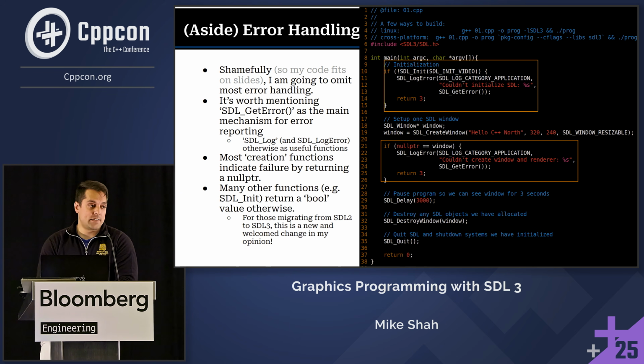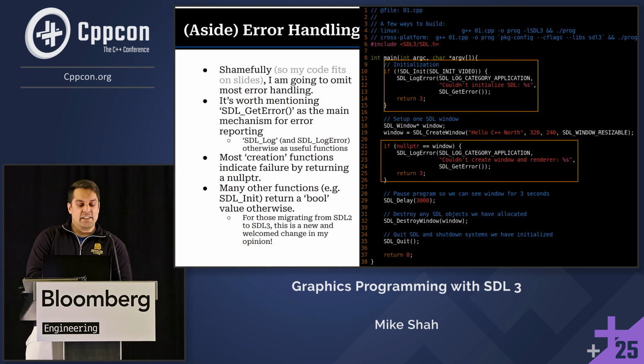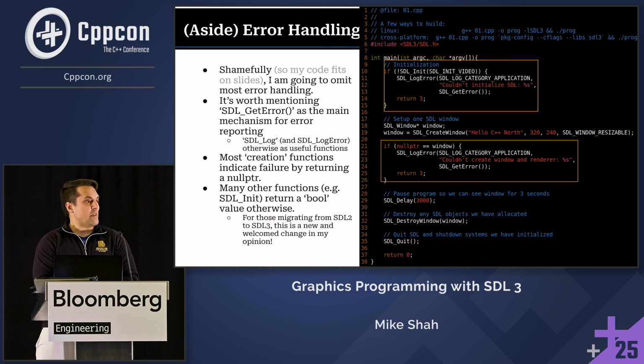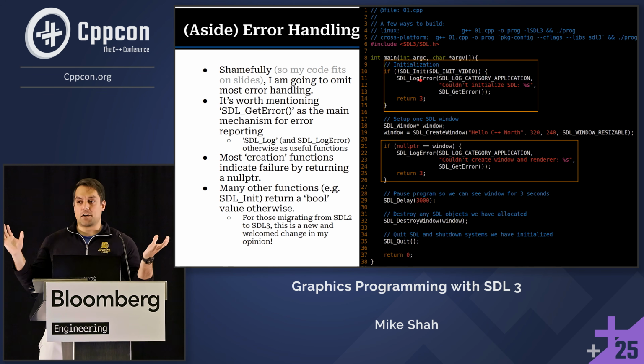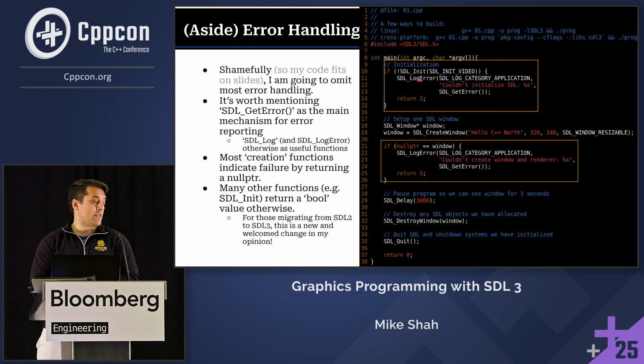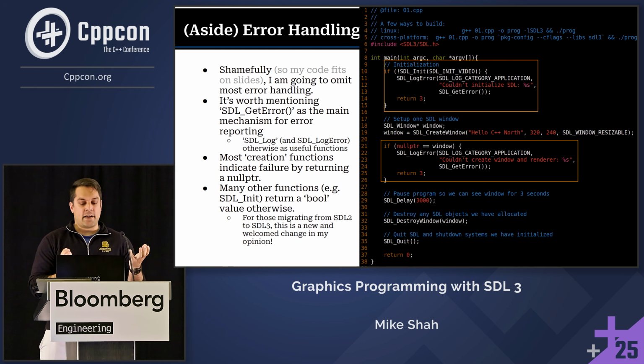Now, again, a little aside here, just a little note before we get further. I'm shamefully omitting all the error handling behavior. But with most of the SDL functions, you call the function and it'll return true or false based on whether it succeeded or not. So that's the way to check for errors.